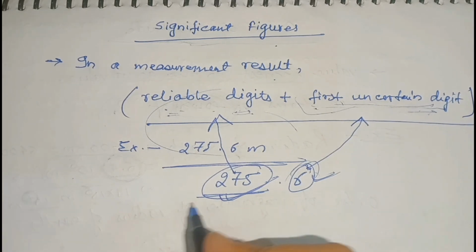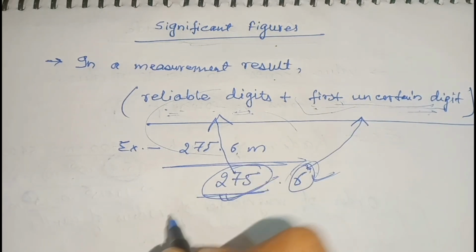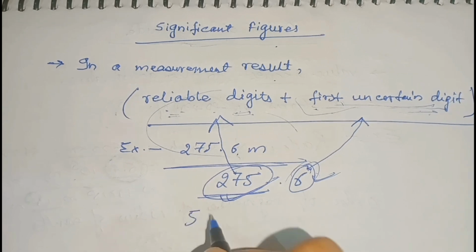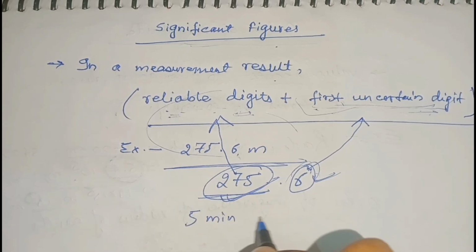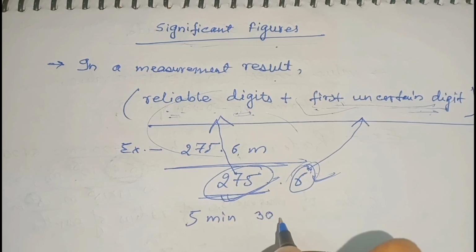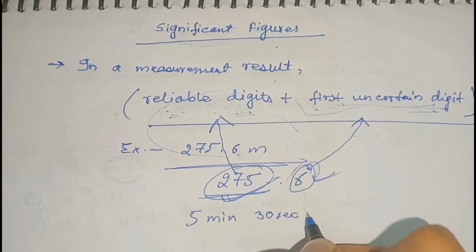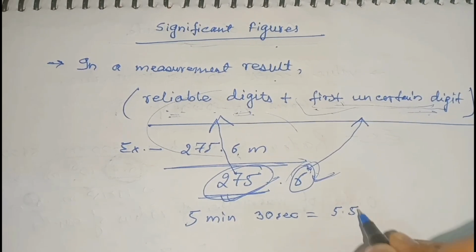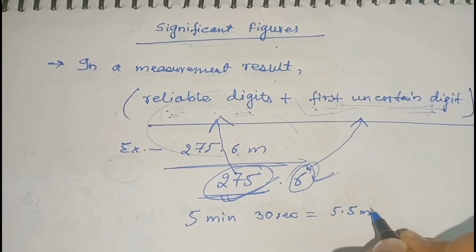Any example we can take. Suppose for time we take 5 minutes and 30 seconds. It can be written as 5.5 minutes.